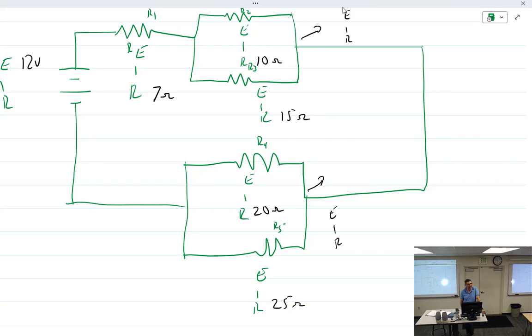It is not 25. They're in parallel. So 6 ohms. 10 to the minus 1 plus 15 to the minus 1 equals, x to the minus 1 is 6. We have 20 and 25. 20 to the minus 1 plus 25 to the minus 1 equals 11.1.